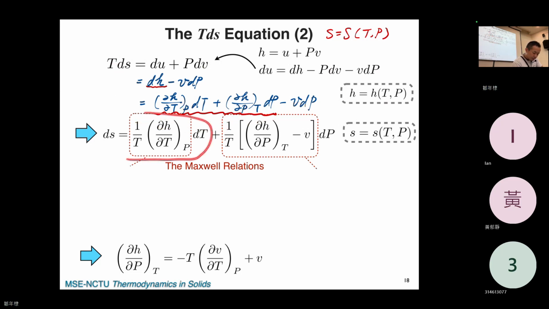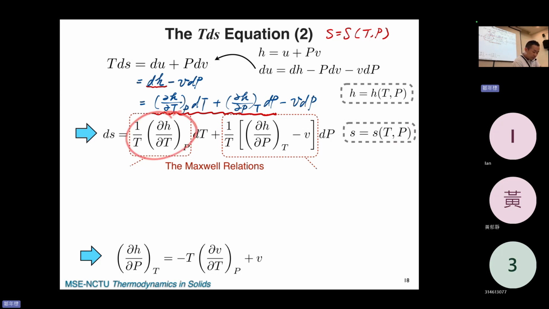This one is somewhat ugly, but we want to see the S change due to the temperature and pressure contributions.